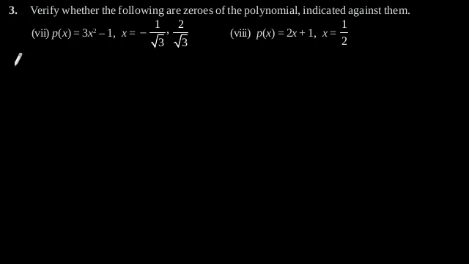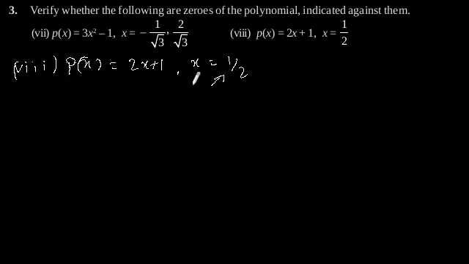Last part, p(x) is equal to 2x plus 1, x is equal to 1 by 2. So let's check if x is equal to 1 by 2 is a zero of the polynomial 2x plus 1.